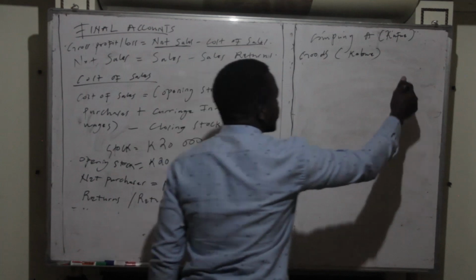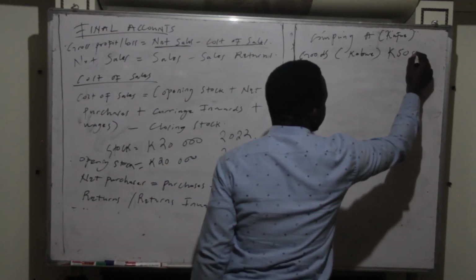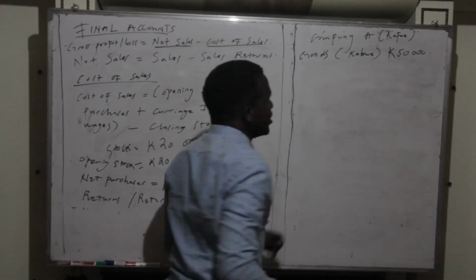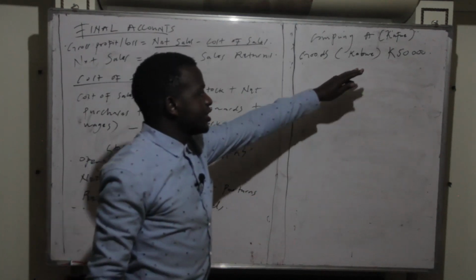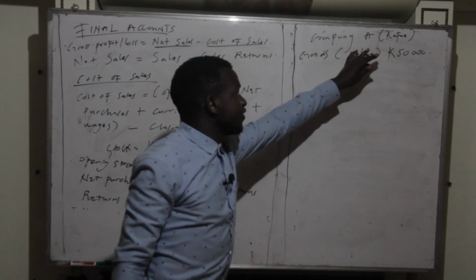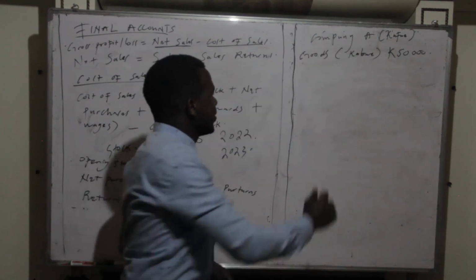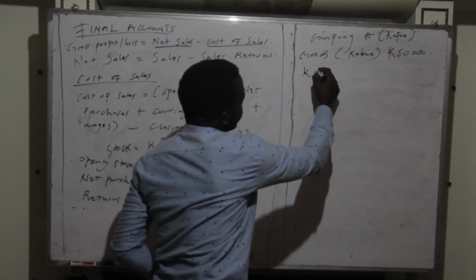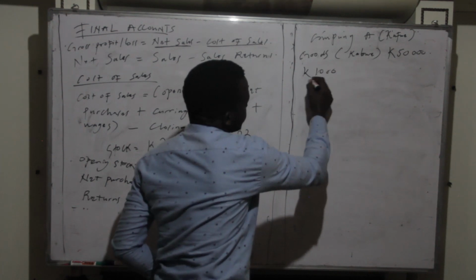And for example, these goods are worth 50,000, and in transporting these goods which are worth 50,000 from Kawe to Kafue, this company A spends, for example, a 1,000.